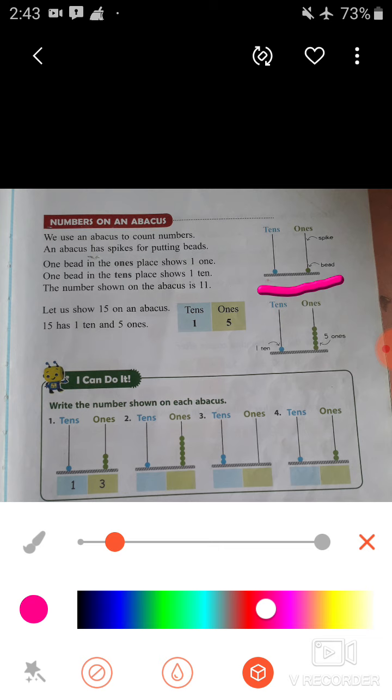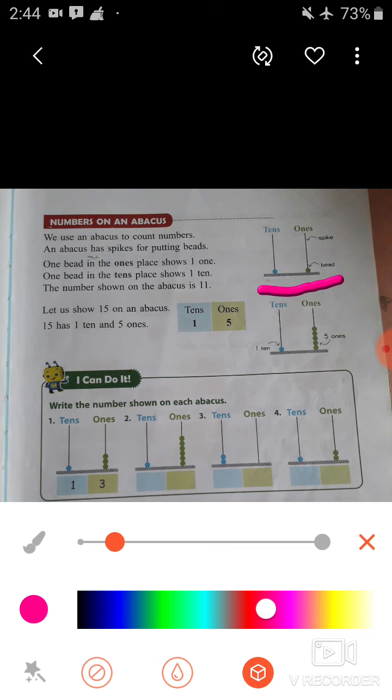Look here at the first spike. At the tens place there is 1 bead, and in the ones place there is also 1 bead. So 1 ten and 1 one make the number 11. The number shown on the abacus is 11.